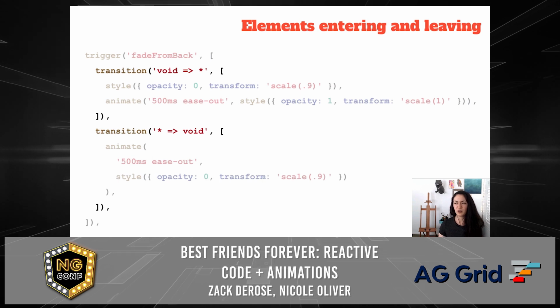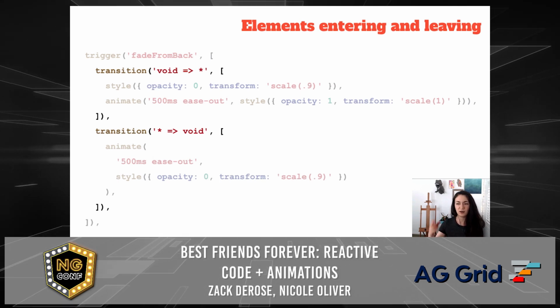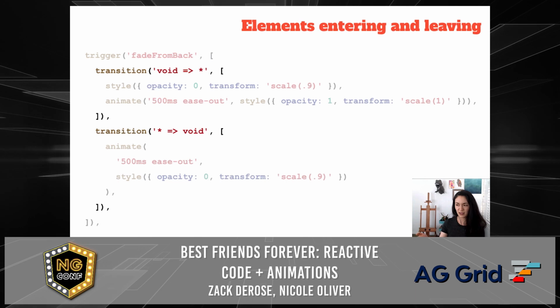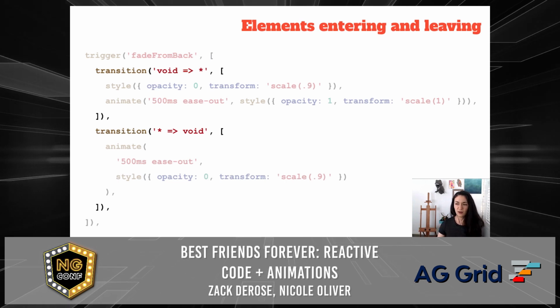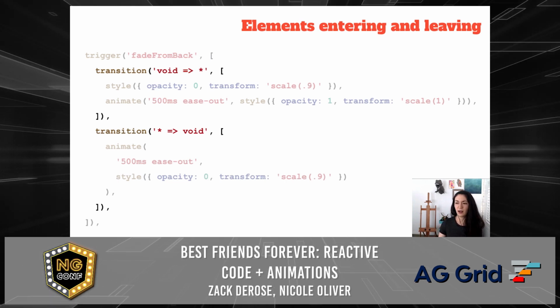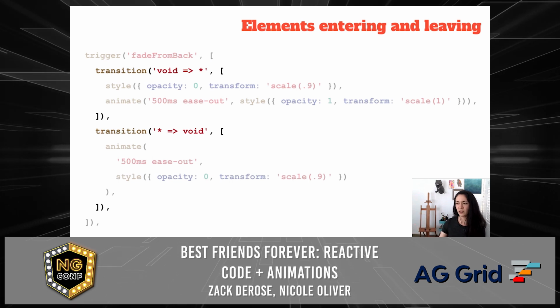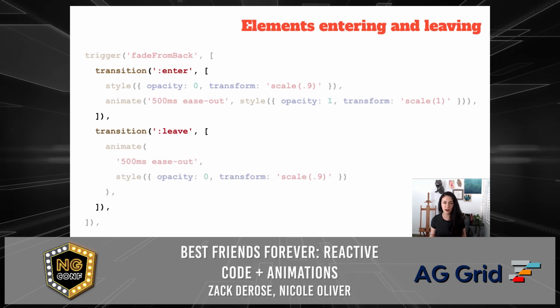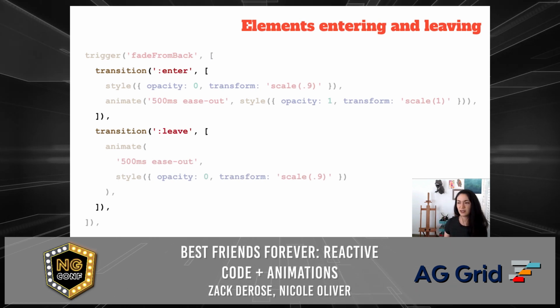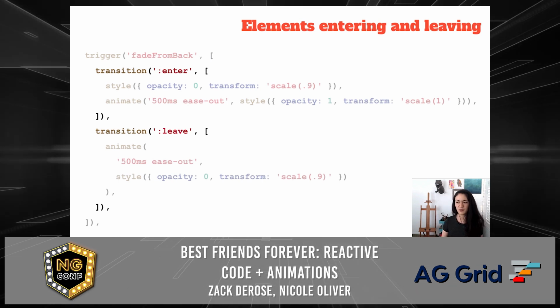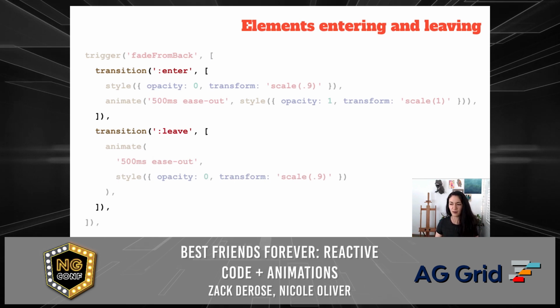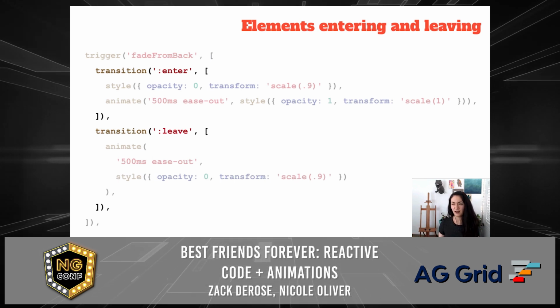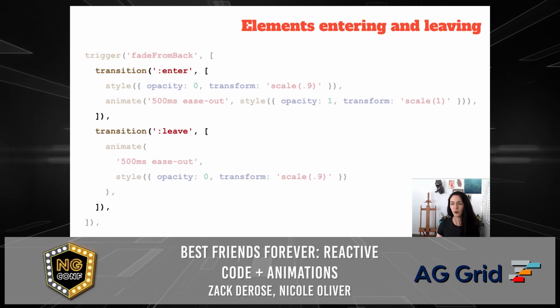And then we're going to pass to the transition a series of style and animate steps that are going to tell the transition what is going to actually change. An alias for the void to star is enter, and there's a corresponding one for leave. These are aliases that are provided by Angular to just make it a little bit more readable.